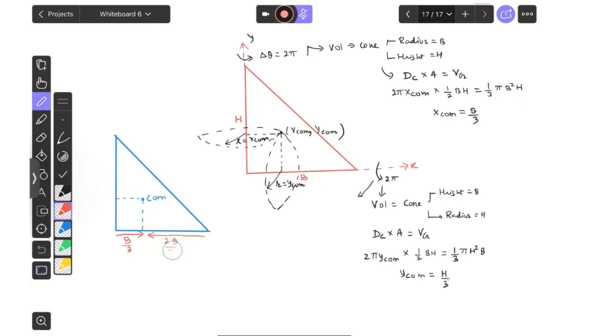Like that you should remember it. And if the height is h, then from the thicker part the center of the mass is going to be h by 3, and from the thinner side it's going to be at a distance of 2h by 3, which is nothing but the centroid as well. I hope you got how to find it. You should know this result, and you must be knowing this from maths also, no?